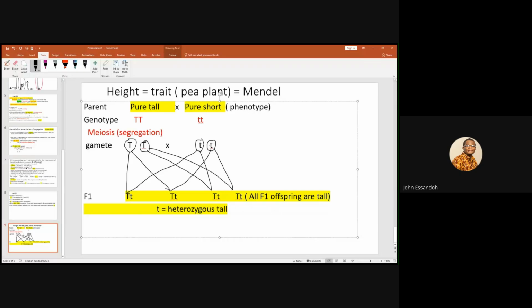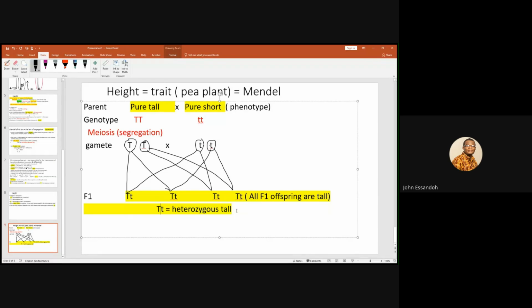And it is true, because the capital T is dominant over the small t. So one small t will not be expressed, and this one becomes tall. So all of them were heterozygous tall. All right, beautiful.